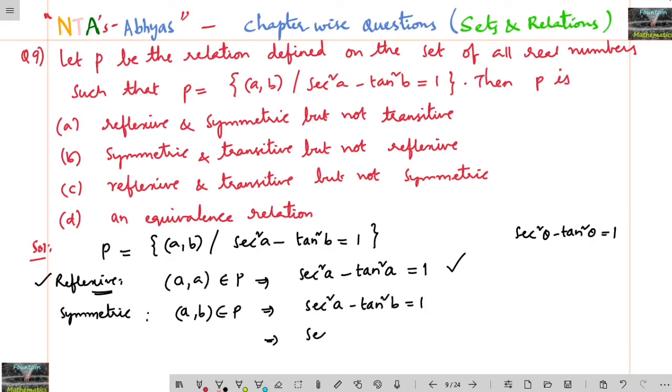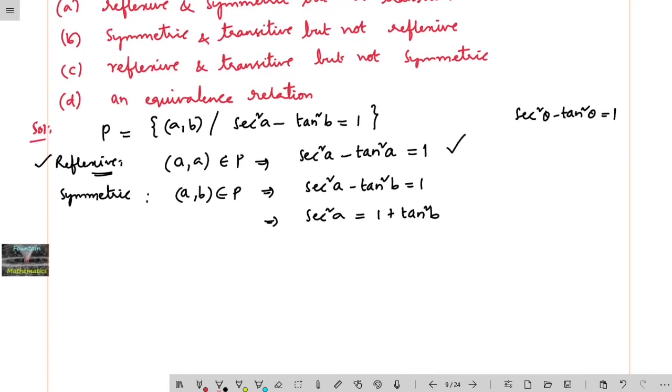So which also implies secant square A is equal to 1 plus tan square B, which is nothing but secant square B we can write. So which also implies mod of secant A is equal to mod of secant B. Okay, so mod of secant A is equal to mod of secant B we can say.